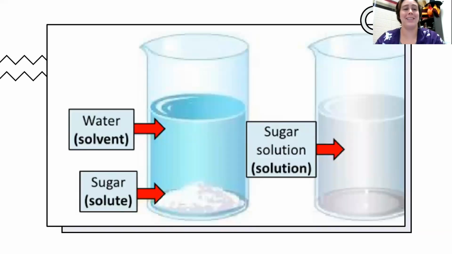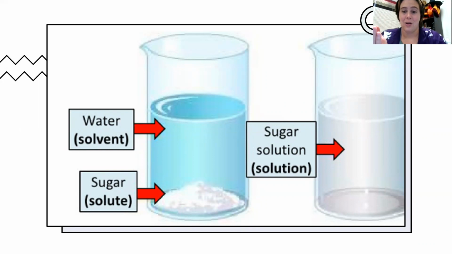So I have an example here in front of you. We have on our left side of the screen, water and sugar. So we add sugar to water, and when we add heat, or sometimes just by spinning and having the sugar mix into the water, it eventually turns into a sugar solution, which then becomes soluble.